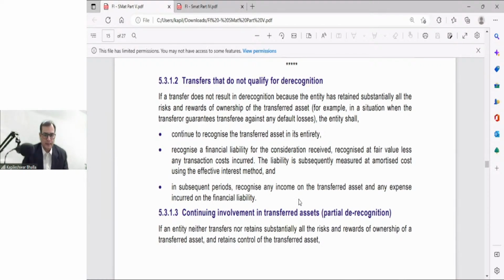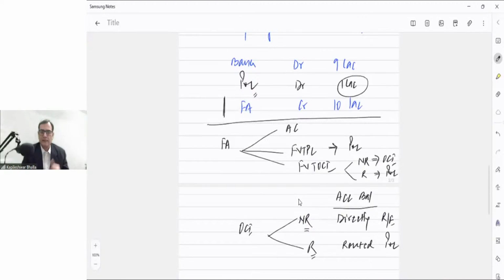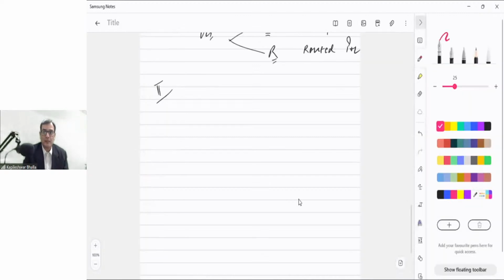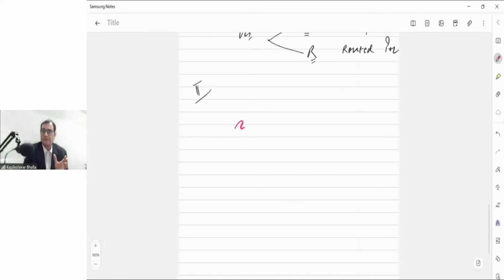Now, let's take an example on our own. I'm now looking at the second kind of accounting. So let's see the permutation combination. Can I say in this particular case, the cash flows have been transferred and the risk and reward test is being substantially retained?